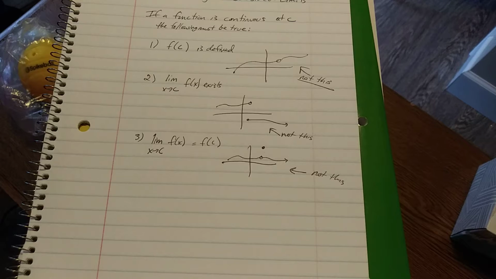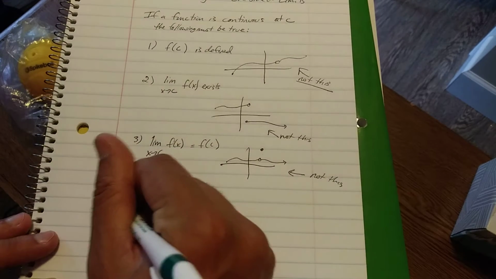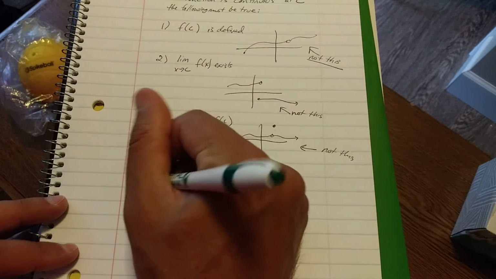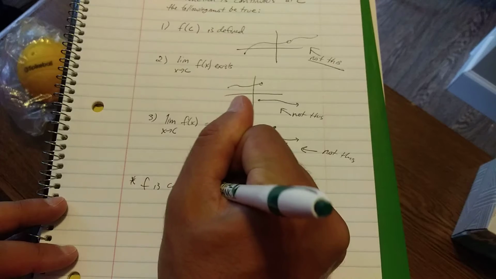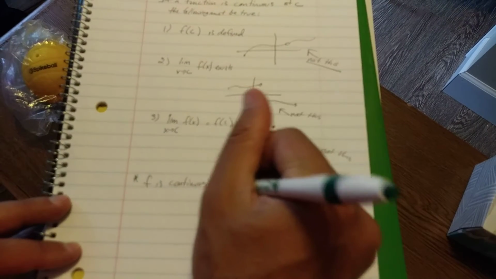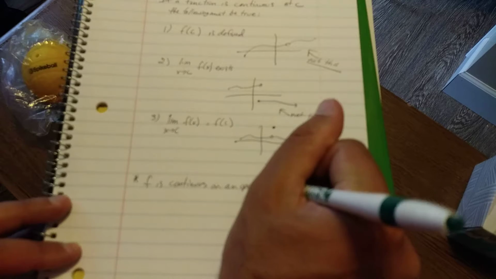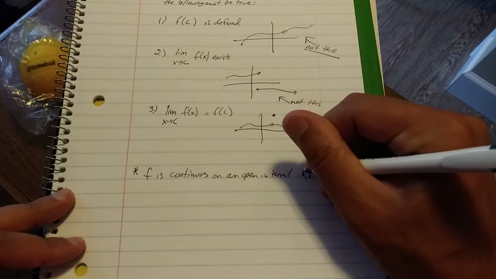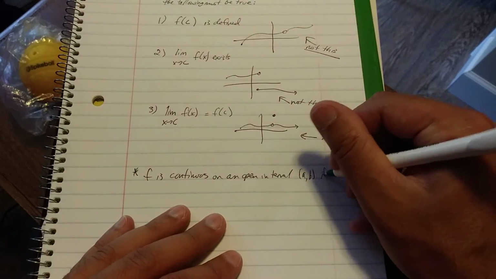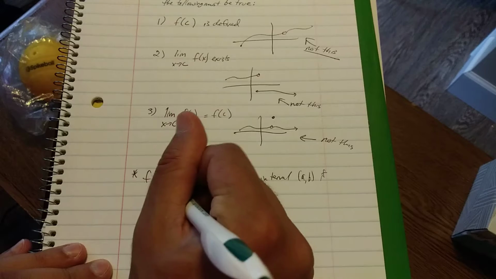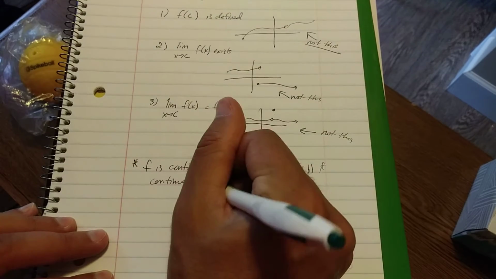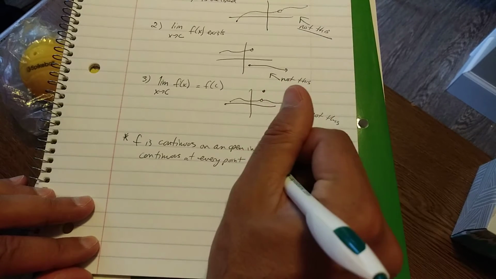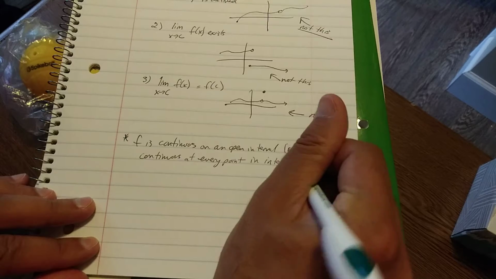Okay. Moving on, we have a couple little notes for you to have down here. f is continuous on an open interval (a, b) if it is continuous at every point in the interval.